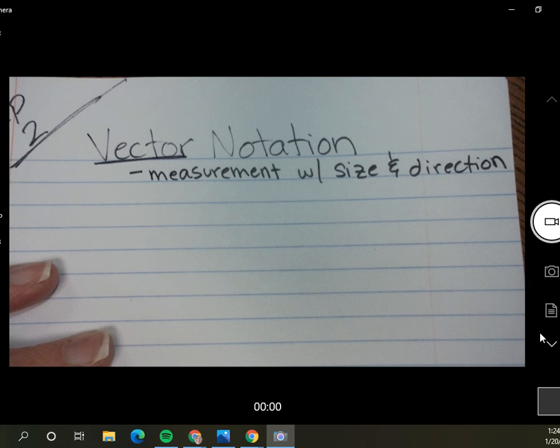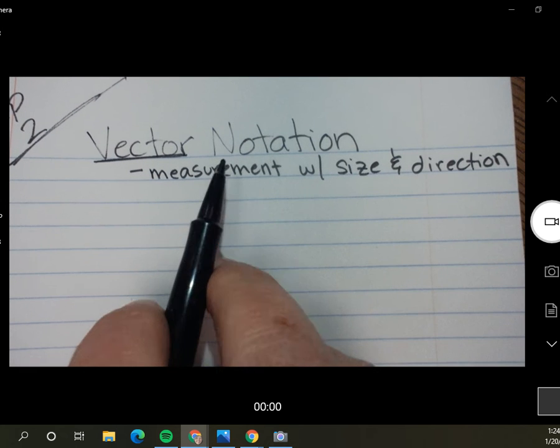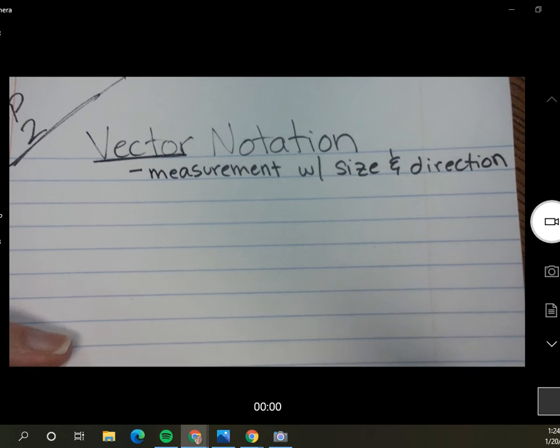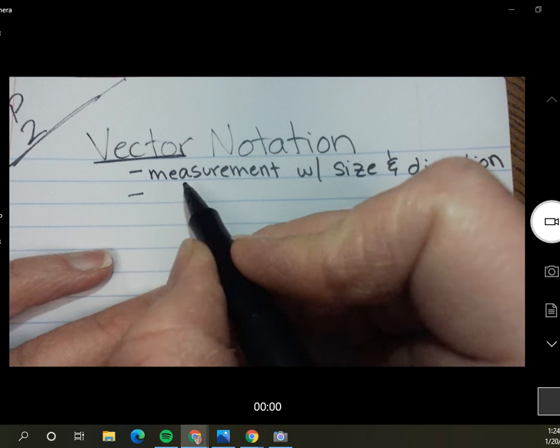So size and direction. All right. So if a vector is a measurement with size and direction, what are we really looking for? It is most always shown as arrows.